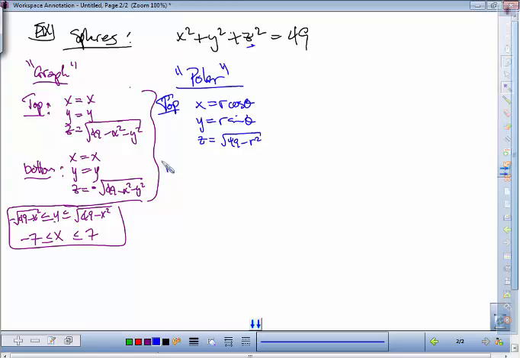And then you'll have a bottom also. But at least your domain now is going to be a little easier to deal with. R goes from 0 to 7, and theta goes from 0 to 2 pi.